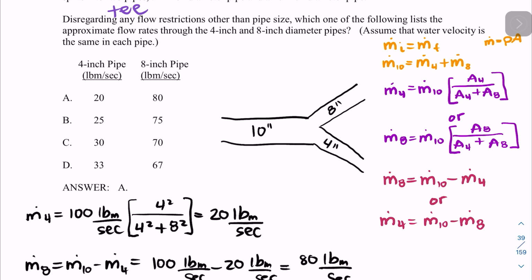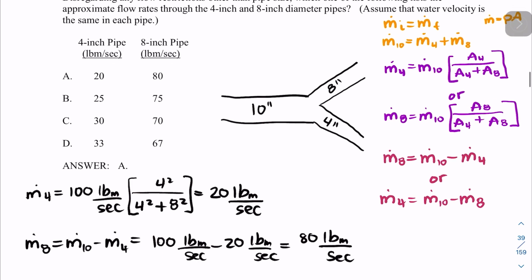So we know that the answer is going to be A, because the flow for the 4-inch is going to be 20 pounds per second. For the 8-inch, it's going to be 80 pounds per second, right? So that's how we are able to determine it, and it makes sense. If you take a look at this one, it makes sense that it's higher in this one.